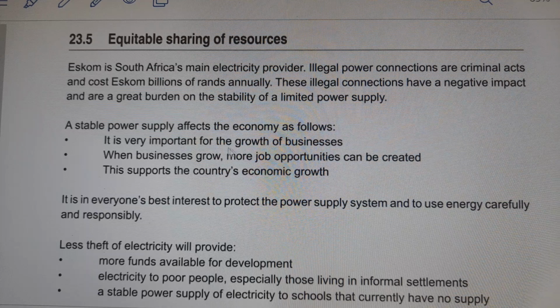It is very important for the growth of the businesses. When businesses grow, more job opportunities can be created. This supports the country's economic growth. It is in everyone's best interest to protect the power supply system and use energy carefully and responsibly.